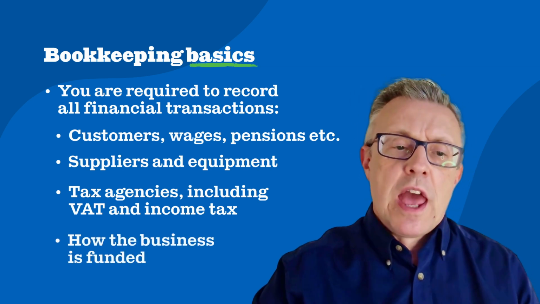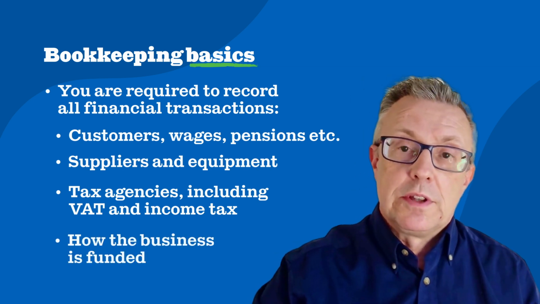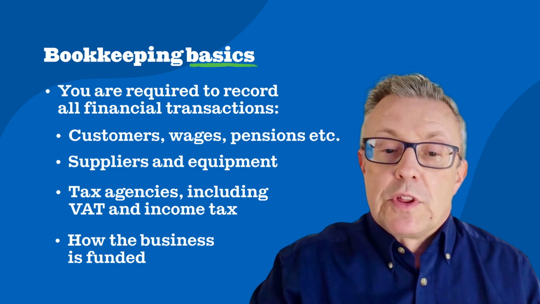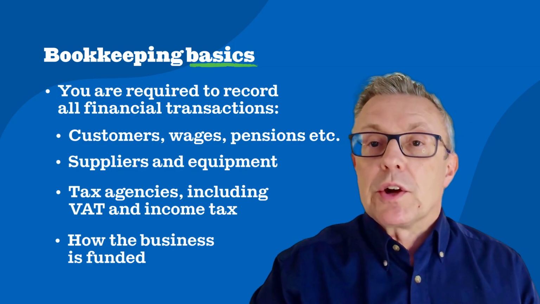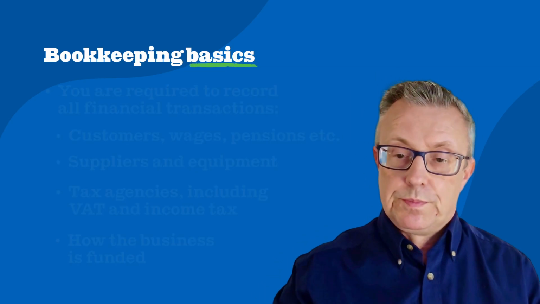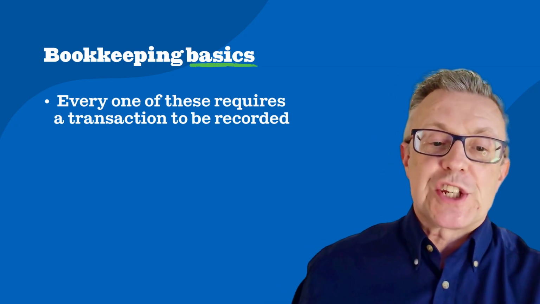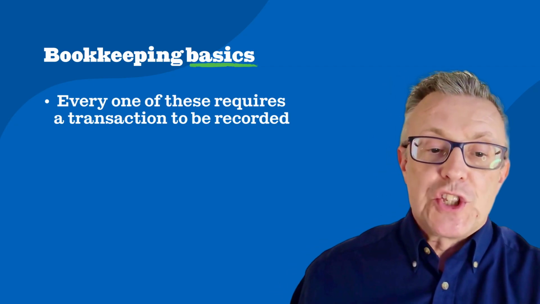And then you consider how you will fund the business. Now, this could be funded from your own money or an investor's money, through to gaining lending from a bank or another financial institution. Every one of these requirements require transactions to be entered into your accounts.